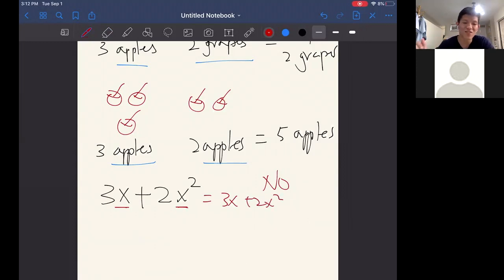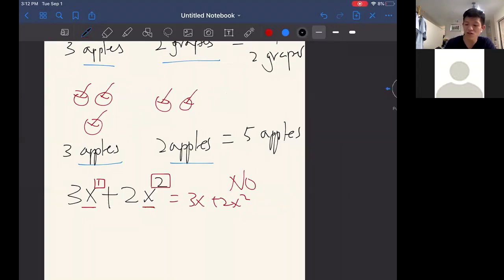Now, why can you not combine them? Because you see this little exponent. And if you don't see any exponent, there's a hidden number 1 there. Because the exponents are different. To explain this, we can go into a little bit more detail, but for now, when you have different exponents, you cannot combine them.